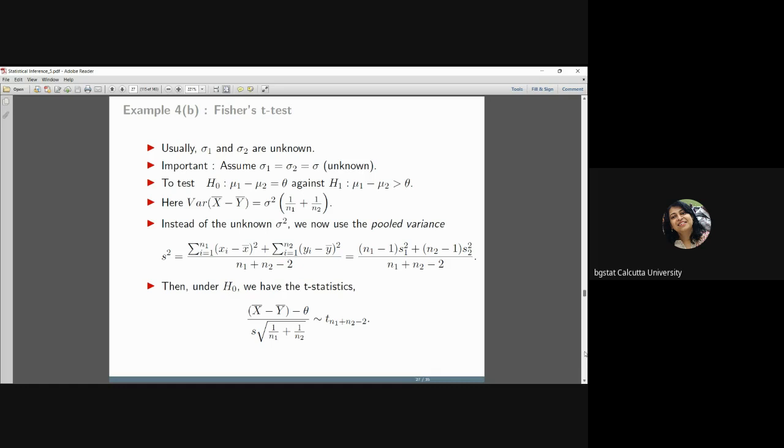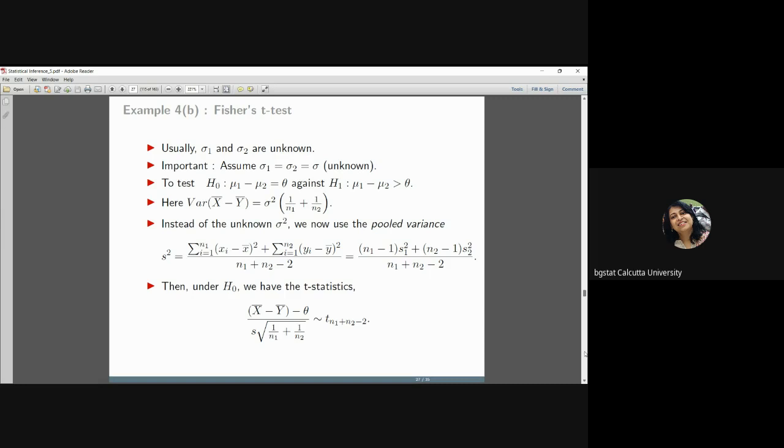Now, because I don't know this common value sigma, I'm going to replace it by its best estimator, which is what we call the pooled variance. Basically, you look at the first sample and find the sum of squared deviations from its mean. Similarly, for the second sample, the means are different, so you use the mean of the second sample.